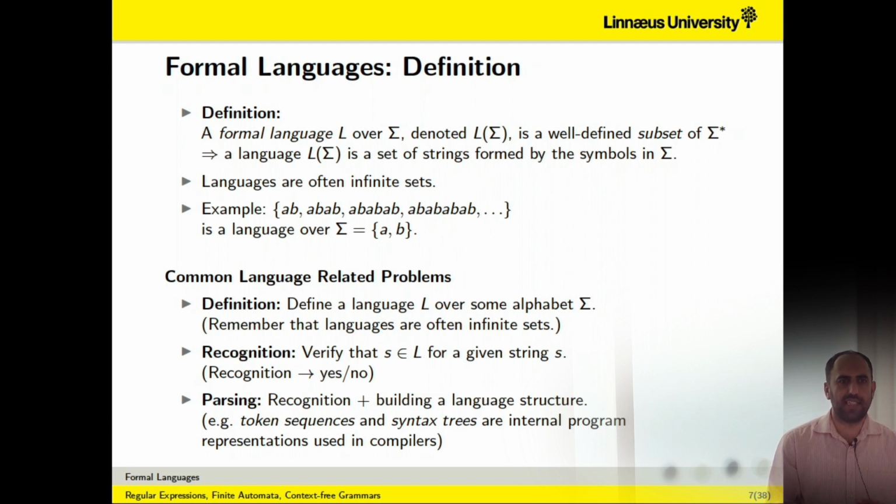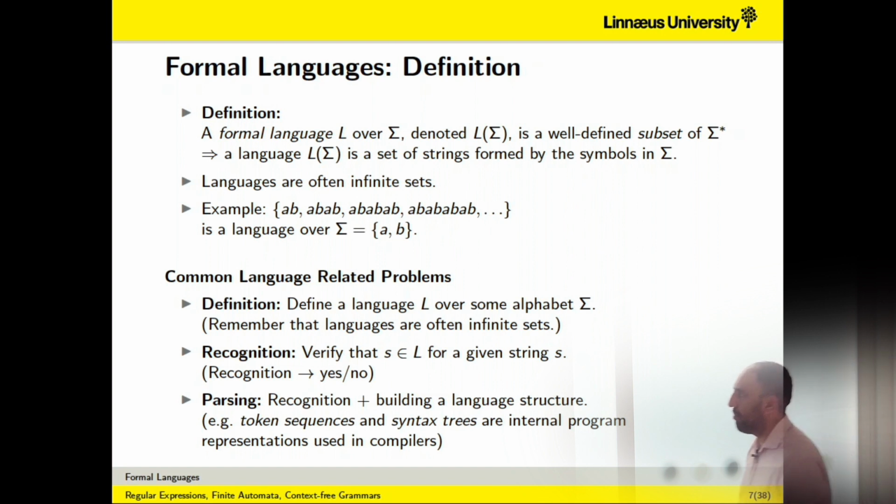Recognition is also a problem when it comes to languages. For example, if you have defined a language and somebody writes a program in that language, you need to validate whether it is a valid Java program or not. Before executing an instruction, you must validate it.